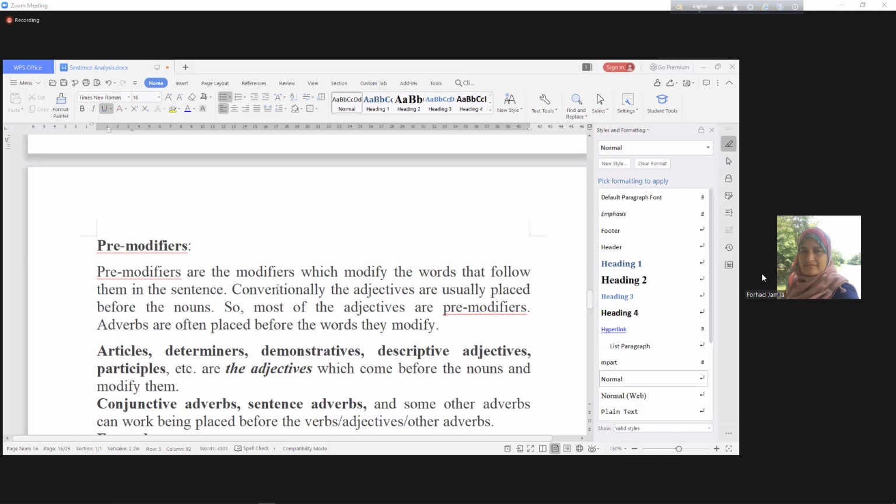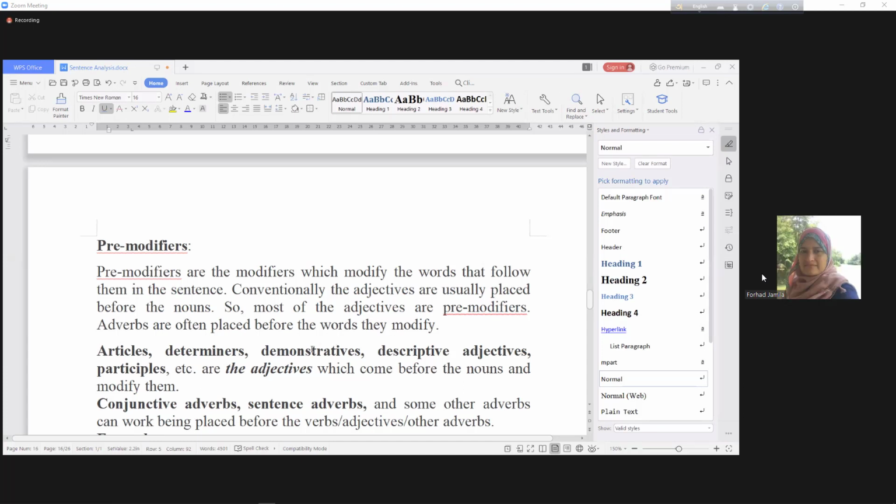Pre-modifiers are the modifiers who modify the words that follow them in the sentence. যে ওয়ার্ডটাকে মডিফাই করে সেটা মডিফায়ারটাকে ফলো করে, পরে বসে মডিফায়ারের। Conventionally, the adjectives are usually placed before the nouns. So most of the adjectives are pre-modifiers. Adverbs often are placed before the words that they modify.